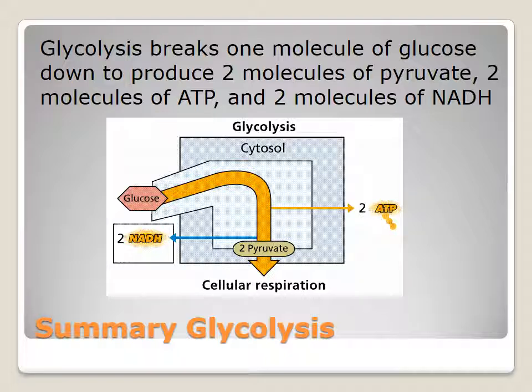By the way, the best way, absolute best way to learn this is just like photosynthesis. Draw it, draw it, draw it. So we have glucose gets broken down into 2 pyruvate. 2 NAD plus go in, 2 NADH come out.